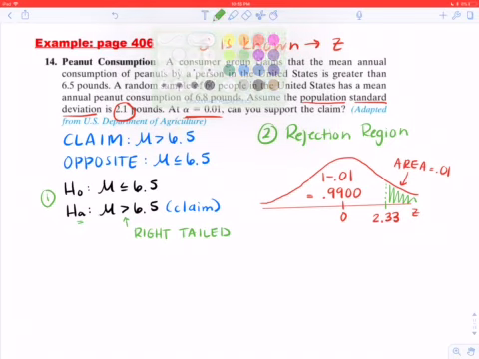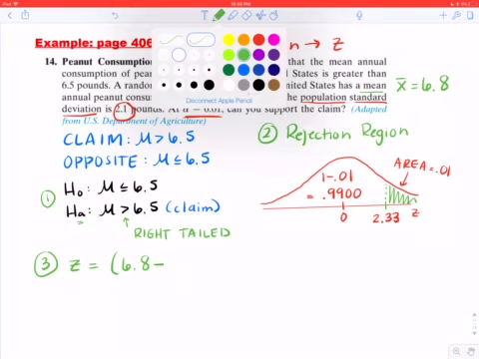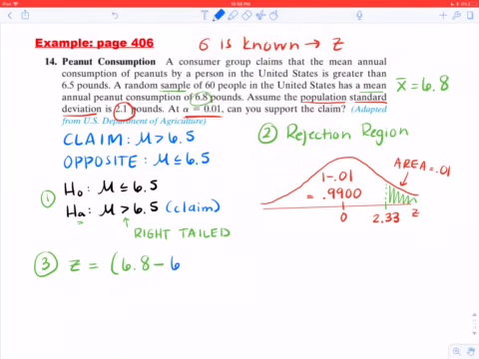So now we're going to go ahead and calculate our Z-score to see if it's greater than 2.33. We're going to look at our sample data, and the sample data has a mean of 6.8. So the sample mean x bar is 6.8. I'm going to take that and subtract mu, which is what I'm testing, at 6.5.